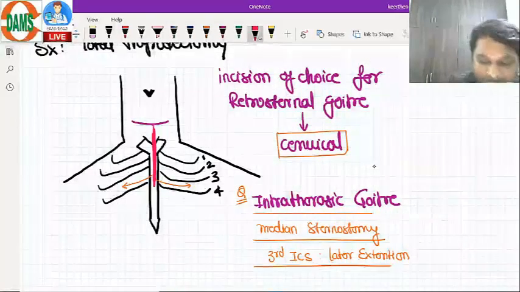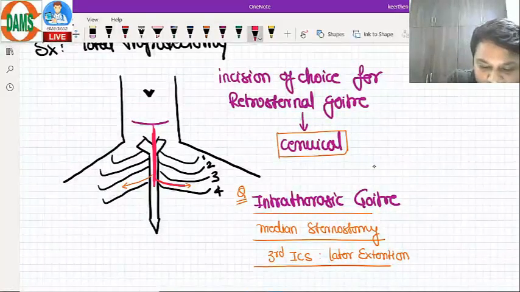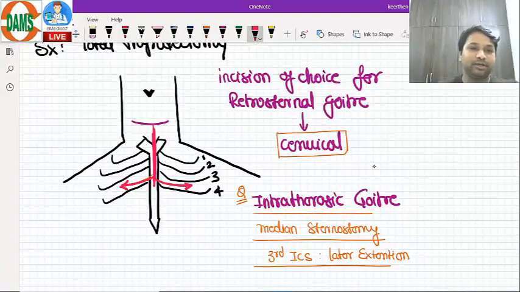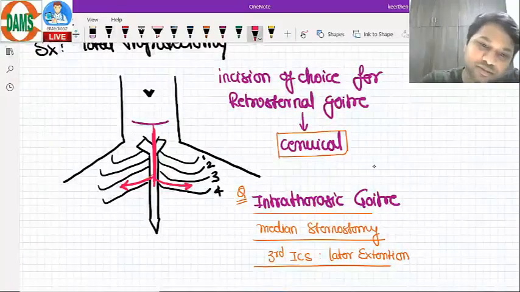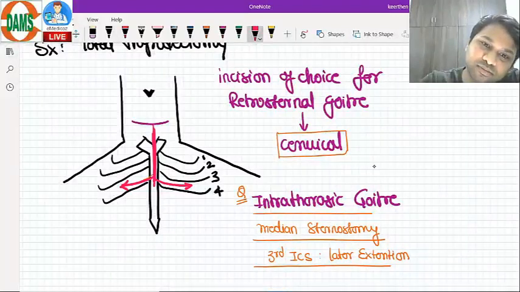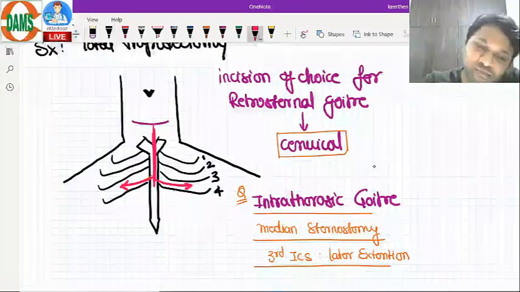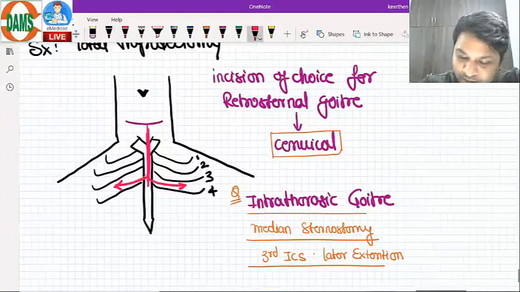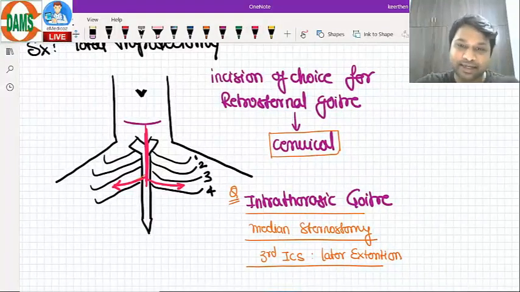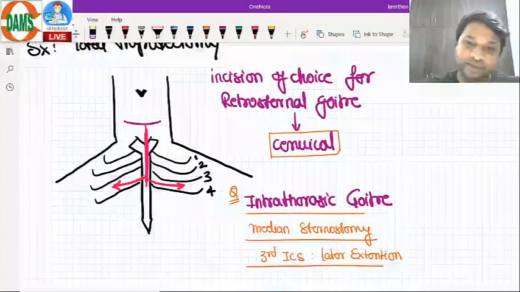Now, after you have done that, the lateral extent should always be at the third intercostal space, right? Also called a reverse T incision. ICS is intercostal space.